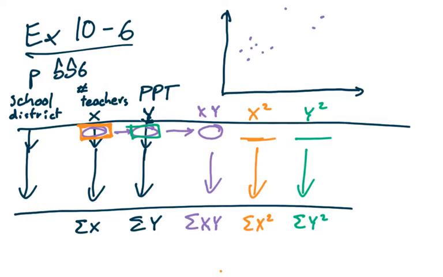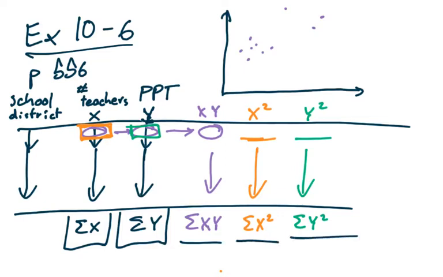And to just reiterate this, remember that here you're adding up all of the X values, here you're adding up all of the Y values, but for the other values over here, the sum of X times Y, the sum of X squared, and the sum of Y squared, we do not use these sums at all.